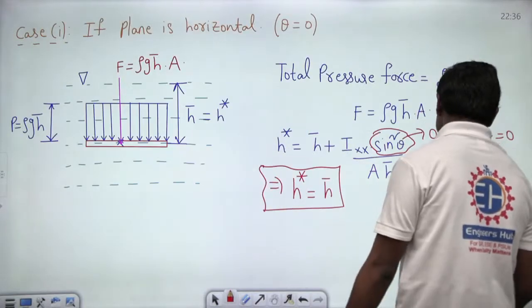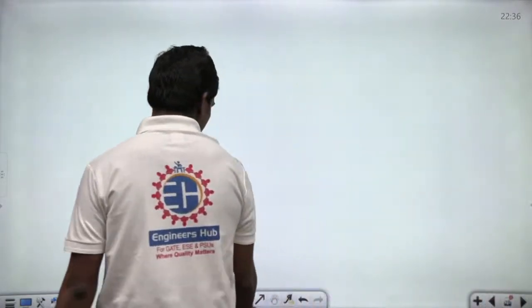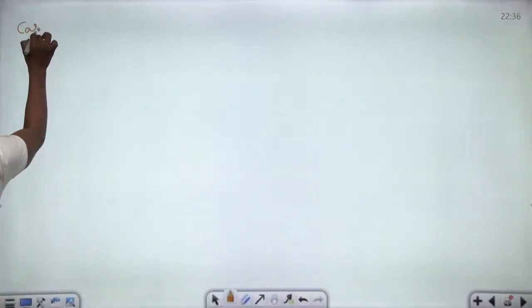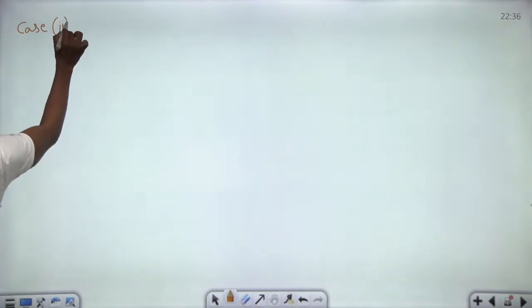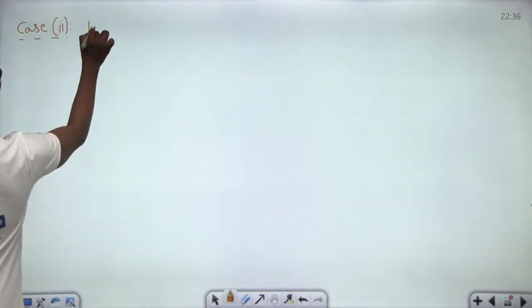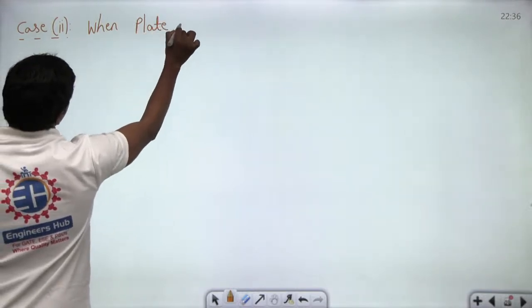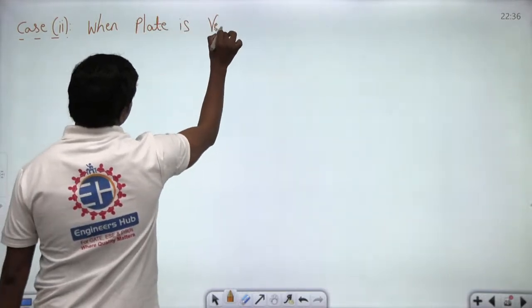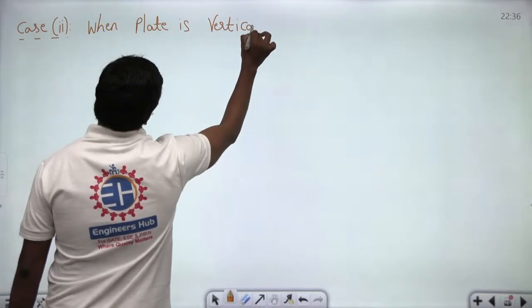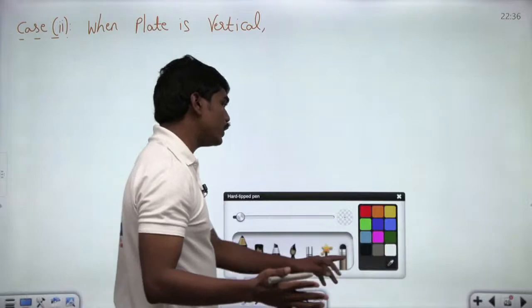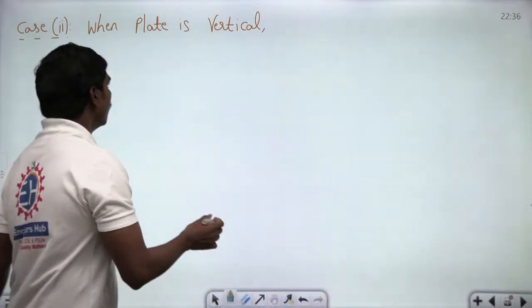Next, let us suppose the case when the plate is vertical, case 2. When the plate is vertical, okay. So, when the plate is vertical means basically in a bulk expanse of fluid, you have your plate vertical, something like this.